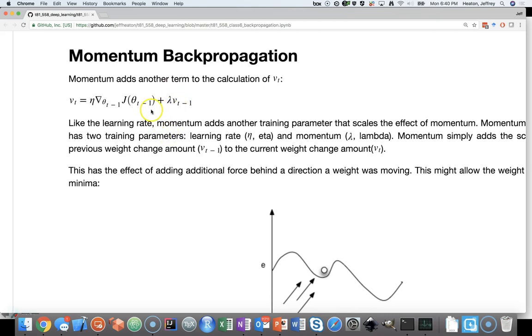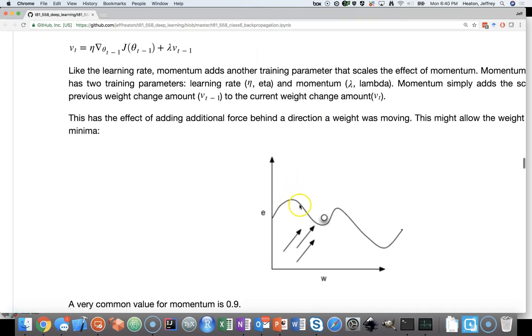And all you're doing is taking the change that you previously had, scaling it and adding it. So if you were rolling down a hill like this, the momentum hopefully would give you enough energy that it wouldn't decay to the point that you wouldn't be able to hop over that intermediate hill there and pass that local optima and hopefully continue to another local optima.